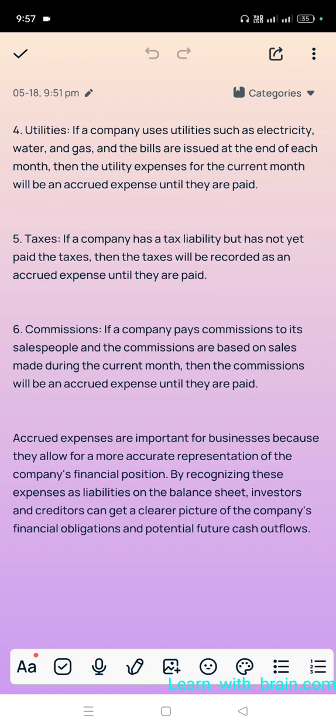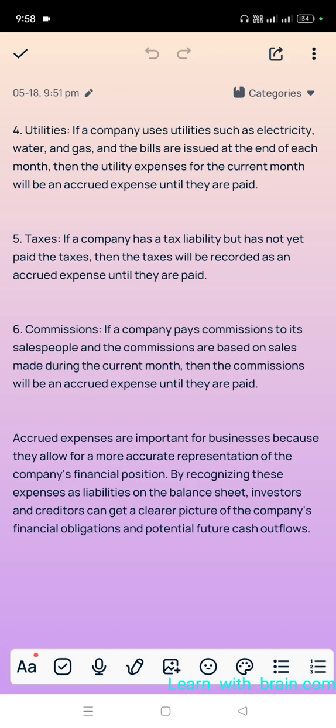Accrued expenses are important for business because they allow for a more accurate representation of the company's financial position. By recognizing these expenses as liabilities on the balance sheet, investors and creditors can get a clear picture of the company's financial obligations and potential future cash outflows.